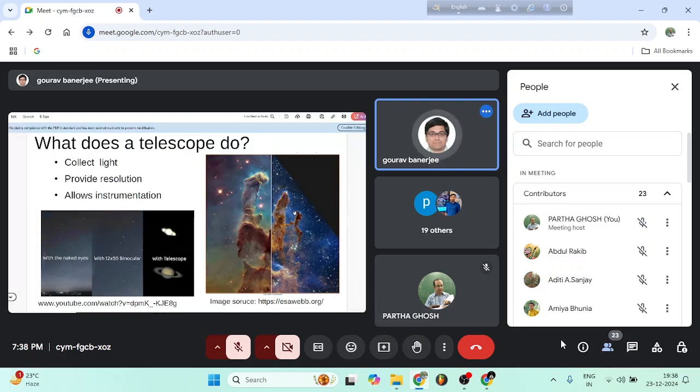We'll come back to infrared observations maybe tomorrow. But these are the things that a telescope gives you. It gives you more light gathering, it gives you more resolution, and it also gives you a place to keep your instrumentation.